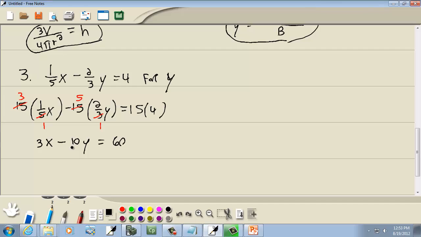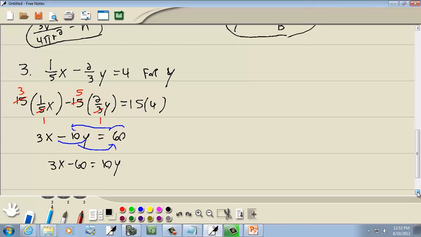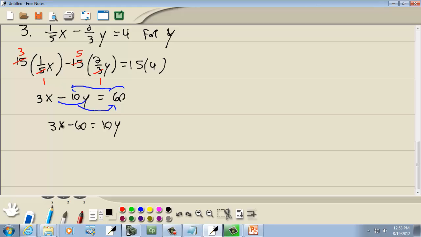Third step, get everything with the variable we're solving for on one side, everything else on the other side. We're solving for y, so I'm going to take the negative 10y to the right side and take 60 over to the left side. So we get 3x minus 60 equals positive 10y. Now the fourth step we don't have to do because y is only in one term. But our last step says divide both sides by what's in front of the variable you're solving for.